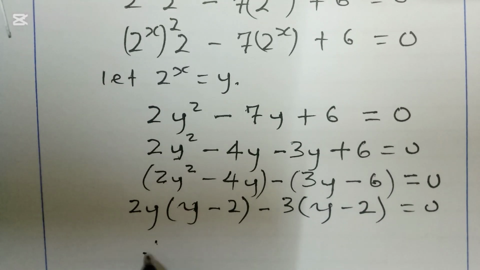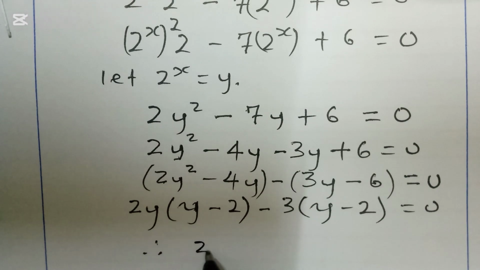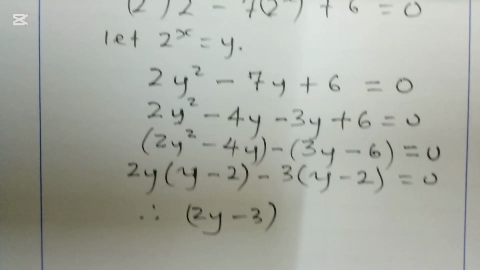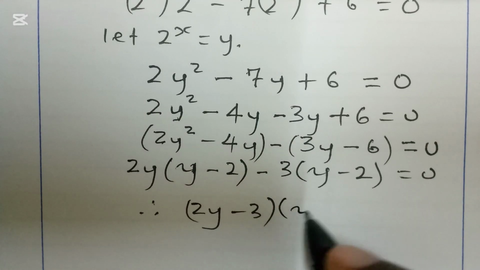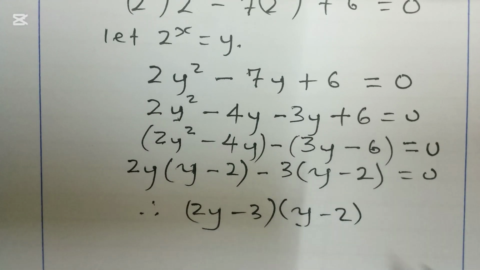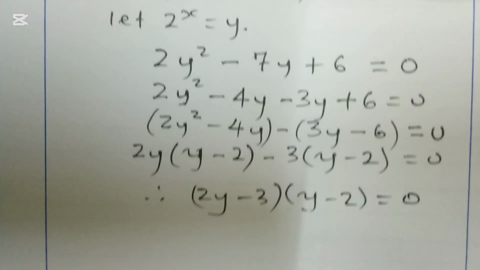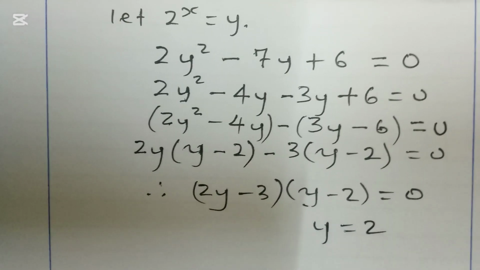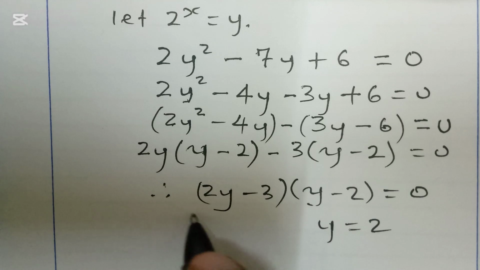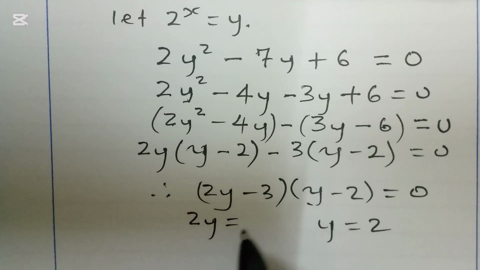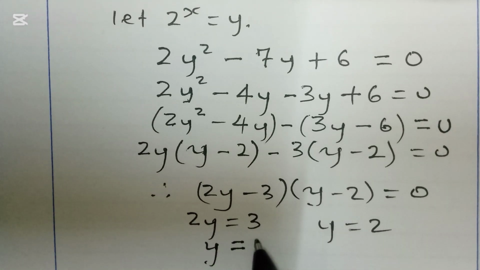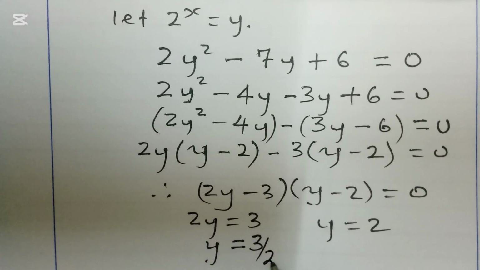And so therefore, we have two factors, (2y - 3) and (y - 2). This is equal to 0. And so therefore, guys, y equals 2, while on this other side, 2y equals 3. So y is supposed to be equal to 3 over 2, like that.